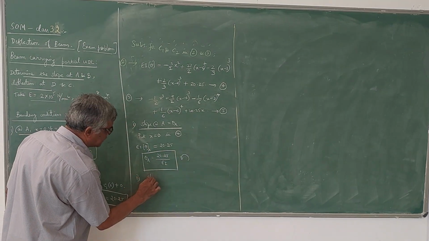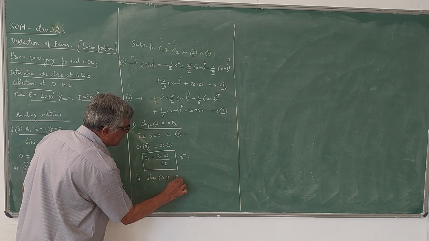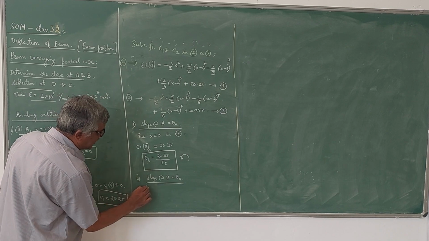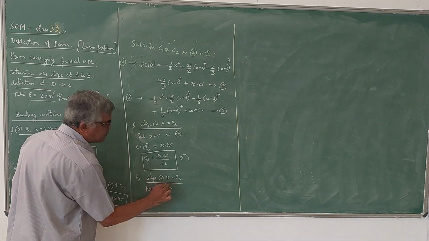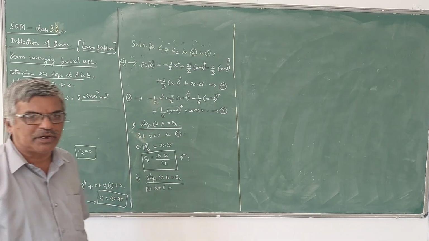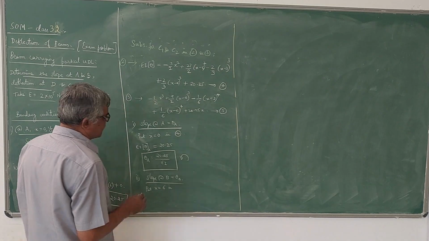Next, slope at B, support B, which I call as theta B. So here to get theta B, put x is equal to 6, because at B, x is equal to 6 meters. X is measured from A, and the A to B distance is 6 meters, you can see that.